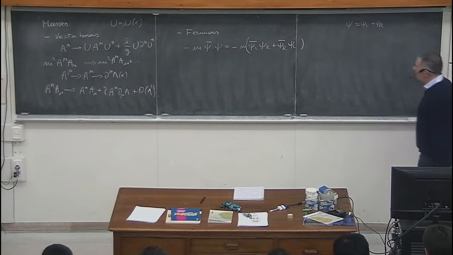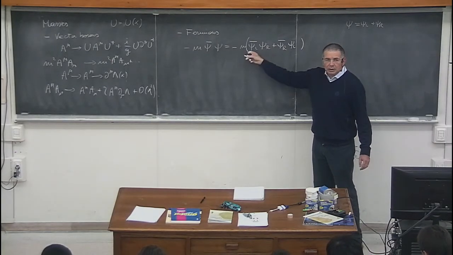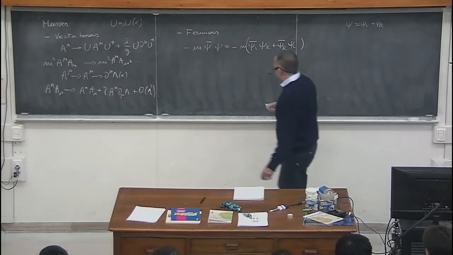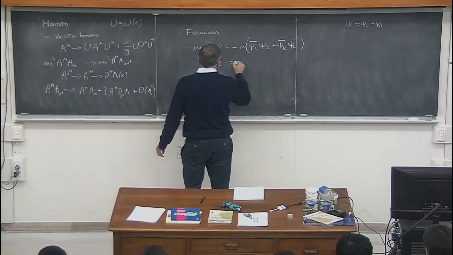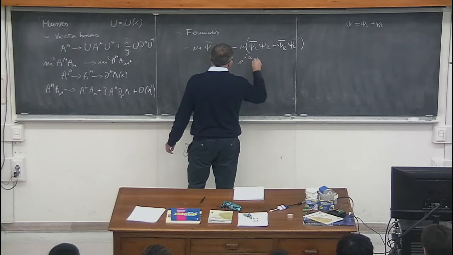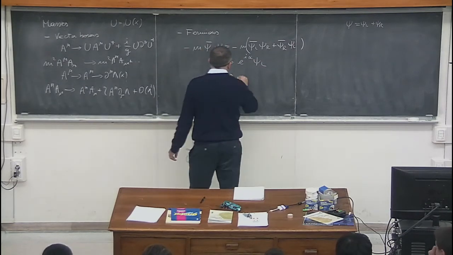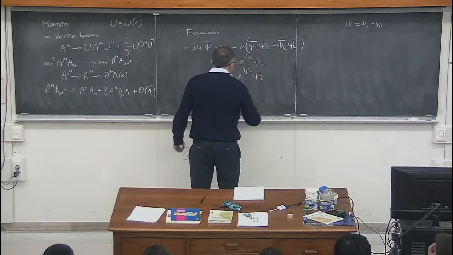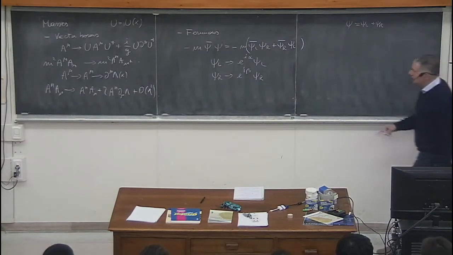So you are only left with the term which mix the right component and the left component of the Dirac field. And if you have a chiral theory, it is one which transforms, for example, the left-handed component into itself times a phase, and the right-handed component into itself times a different phase, which in the special case of the standard model is 0.